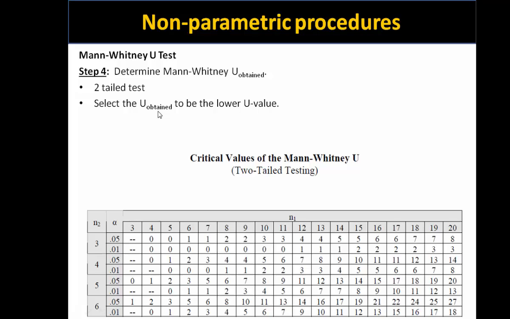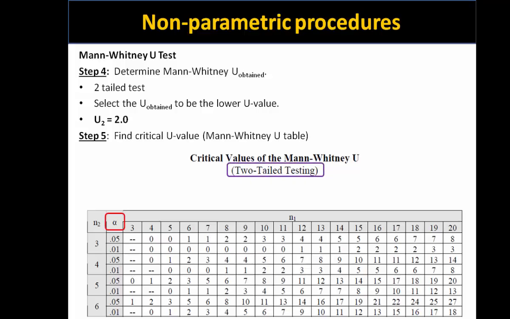So from slide 18, the lower of the two values was U2 at 2.0. We therefore have to go to the Mann Whitney U table to find the critical U value. Being a two-tailed test, this does not indicate directly whether it's greater or less than, just that there is going to be a significant difference.